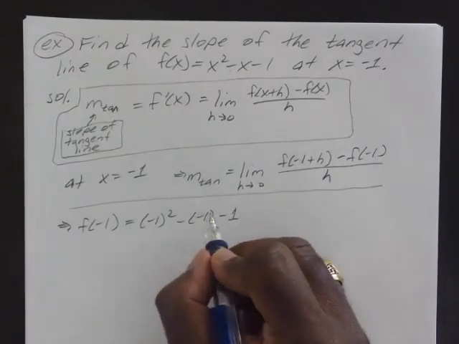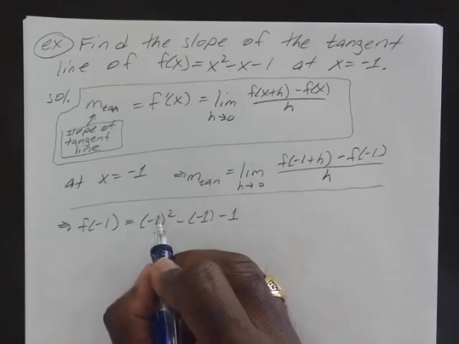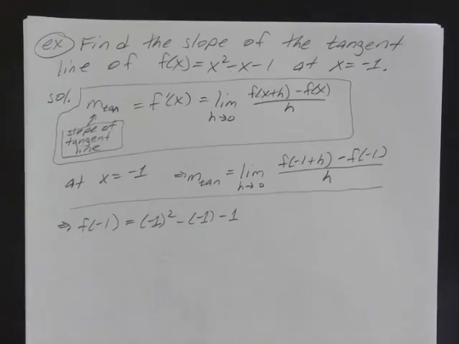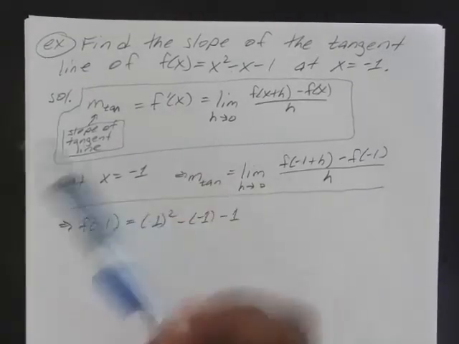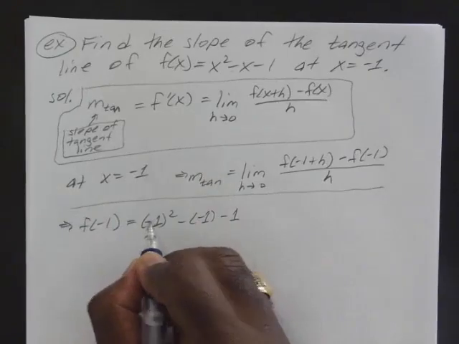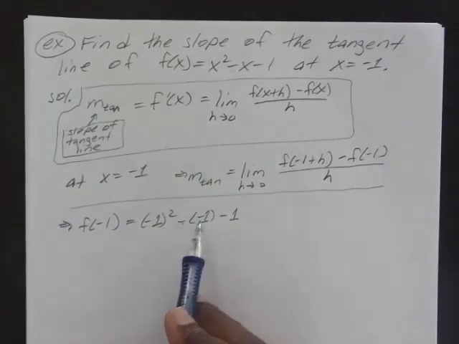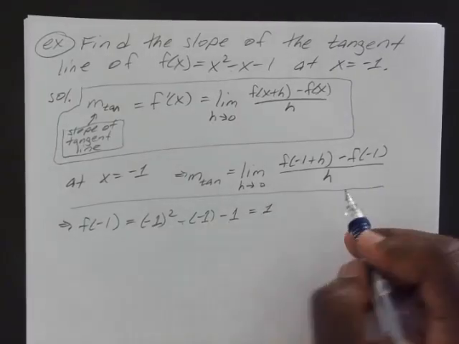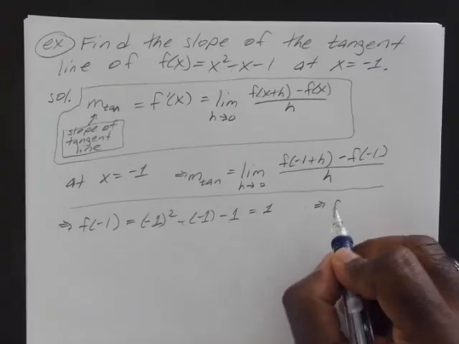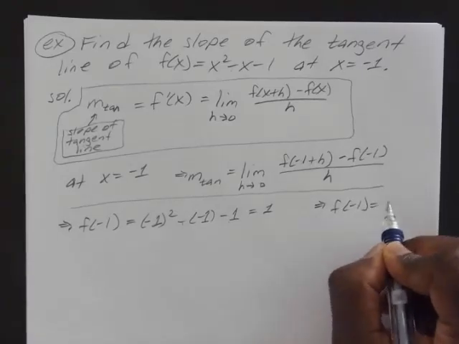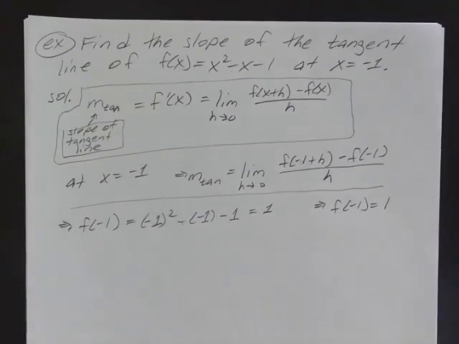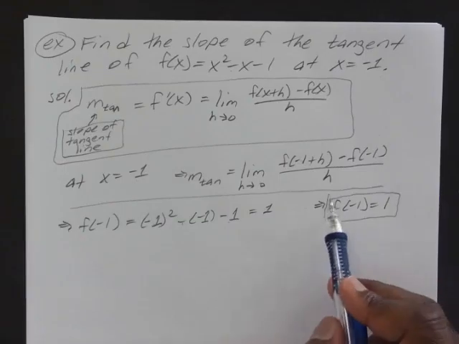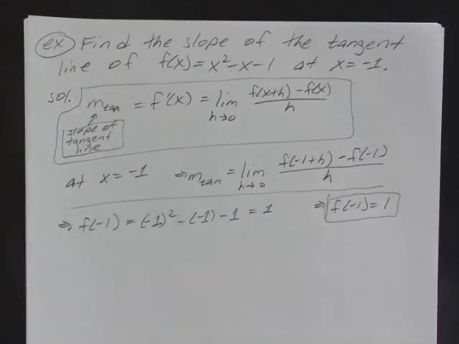Okay, so -1 squared is just 1. Minus -1 is plus 1. So 1 plus 1 minus 1 is just 1. So we know that f of -1 is just equal to 1. And just kind of draw a little square around that, because we know we're going to be using it.